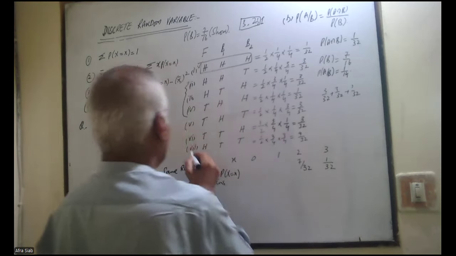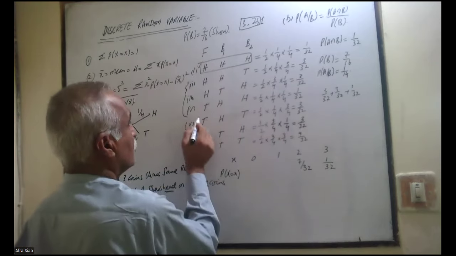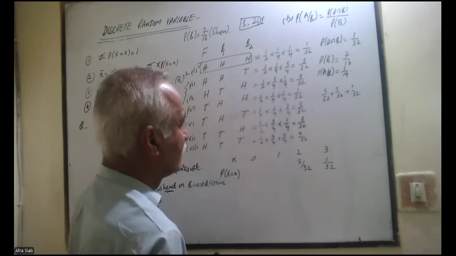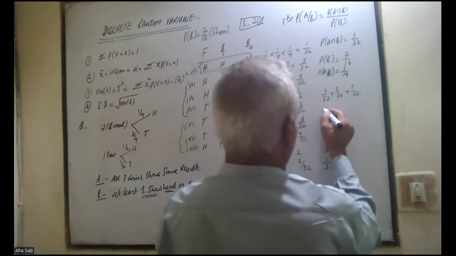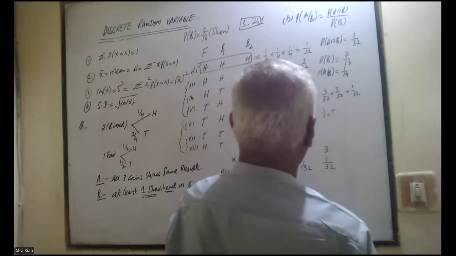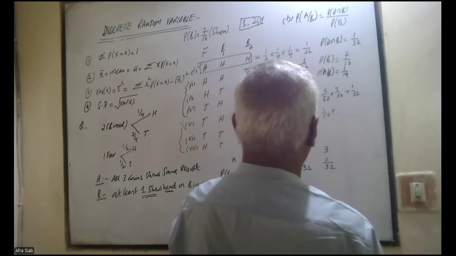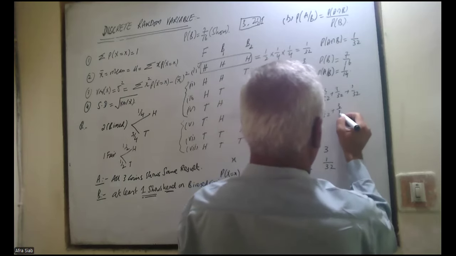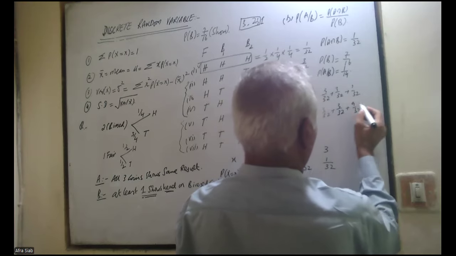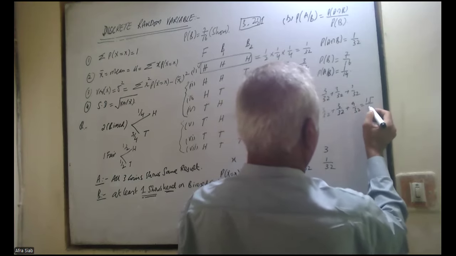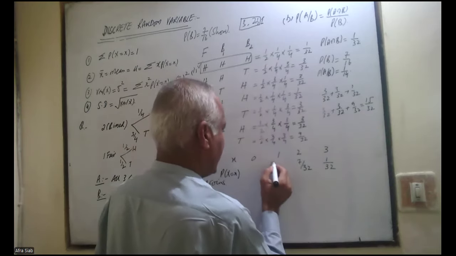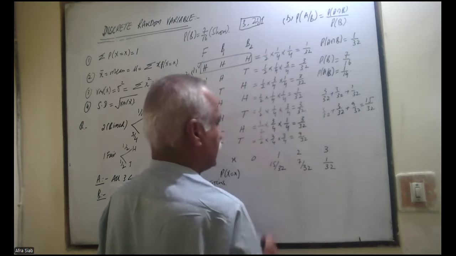So for one head, 3 by 32 plus 3 by 32 plus 9 by 32 is equal to 15 by 32. So for one head there is 15 over 32.